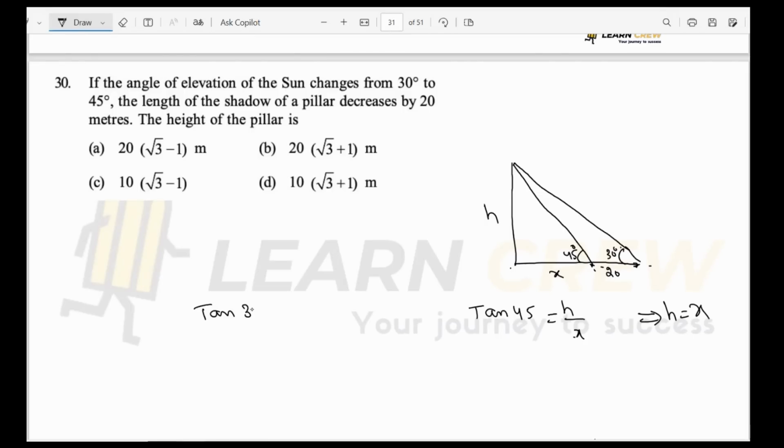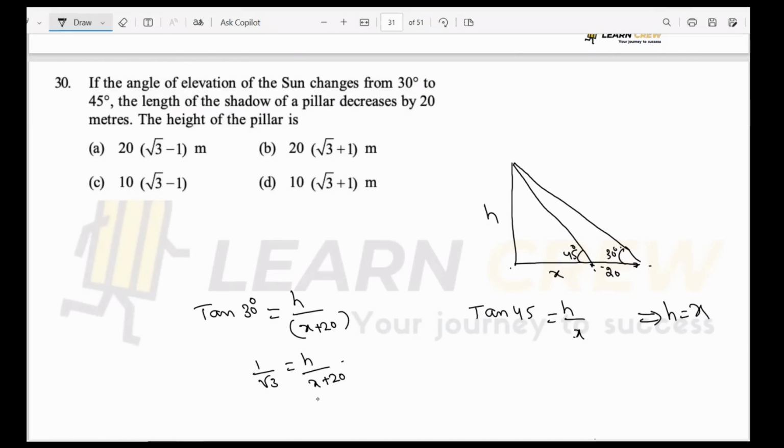Tan 30 in this triangle is h by x plus 20. Tan 30 is 1 by root 3. So 1 by root 3 is equal to h by x plus 20.